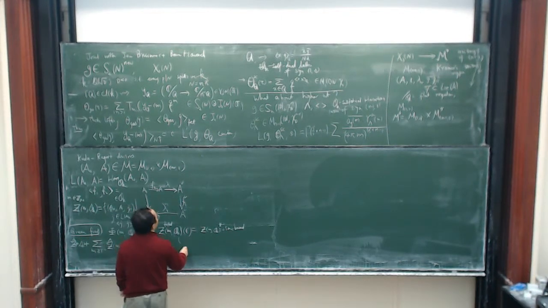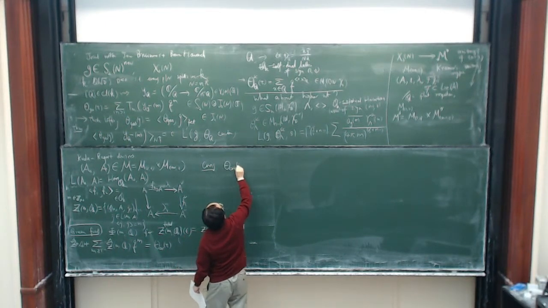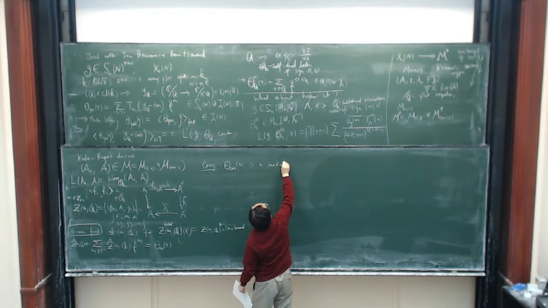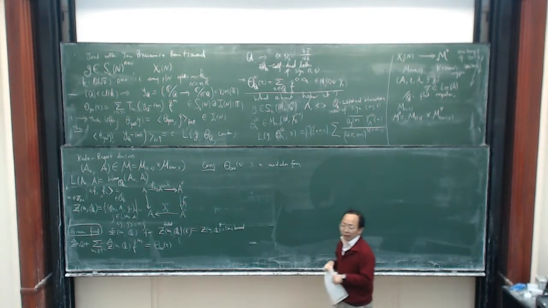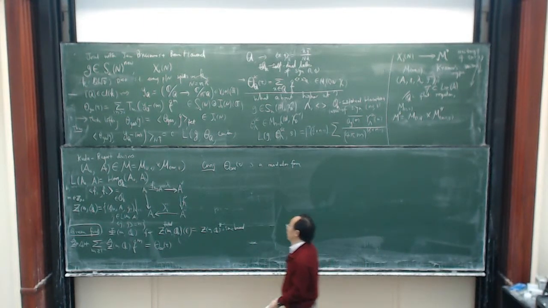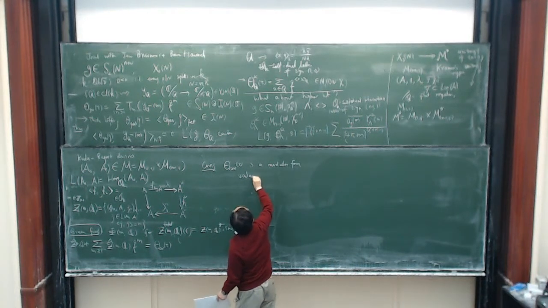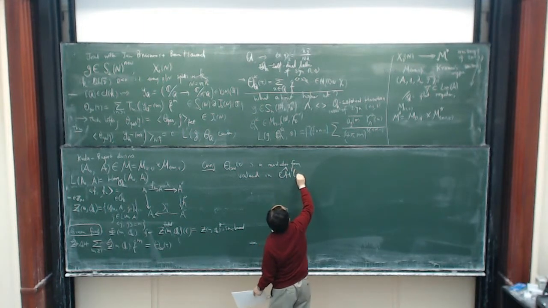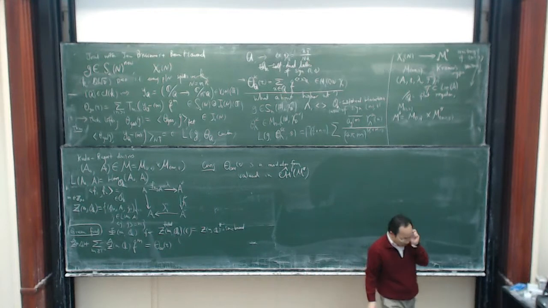So the conjecture will be that this is a modular form, when you add in this ring.